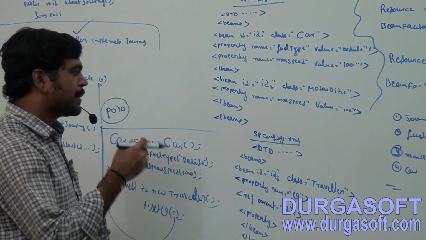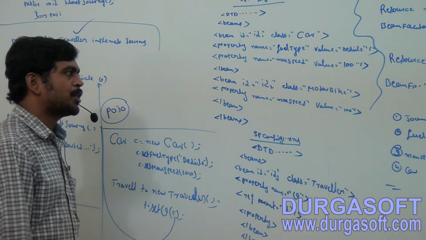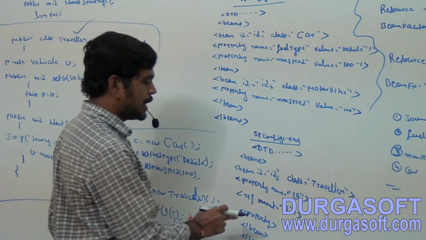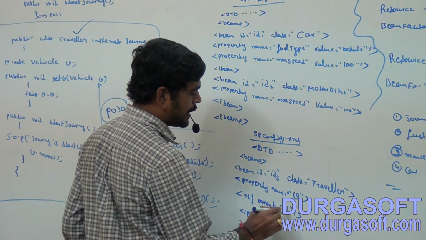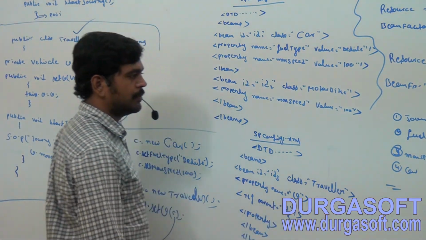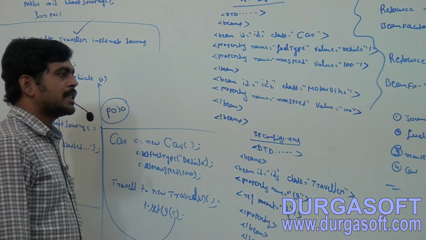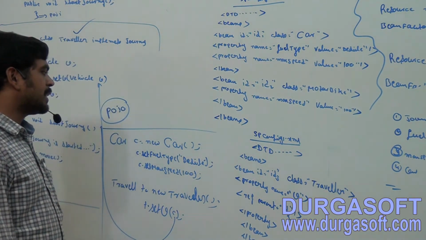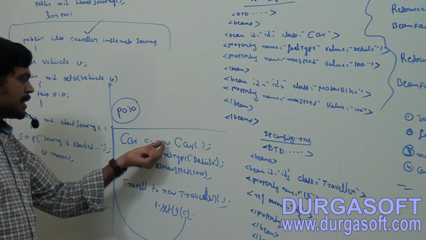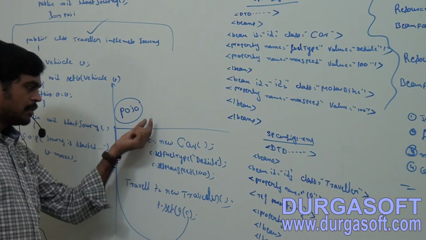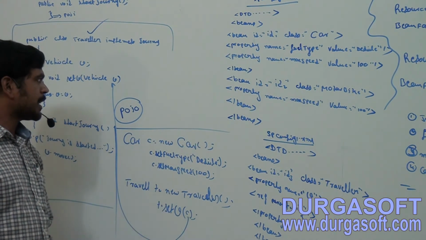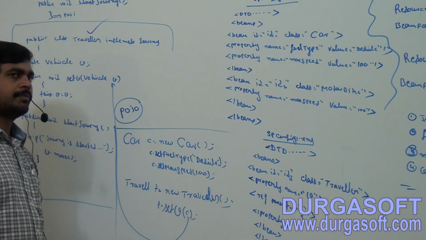Now instead of the Car class object, if you want to place the Motorbike object, what do we have to do? Instead of ID1 here, we can take ID2. Then automatically the Spring container is going to create the Motorbike object: Motorbike M is equal to new Motorbike, and after setting the values, that Motorbike object is placed here.